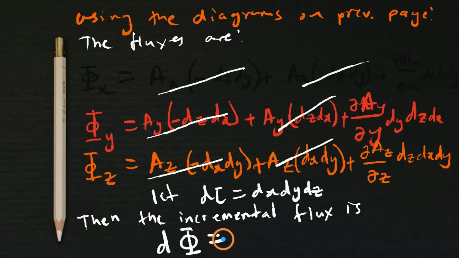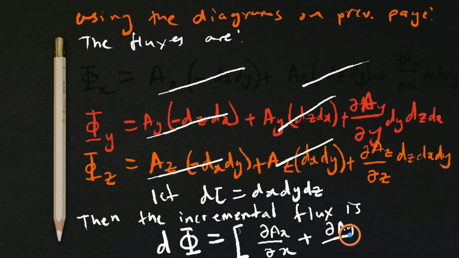So we will actually have the partial derivative of Ax with respect to x as the first part, plus the partial derivative of Ay with respect to y, which we'll write down there. Then we'll also have the partial derivative of Az with respect to z.